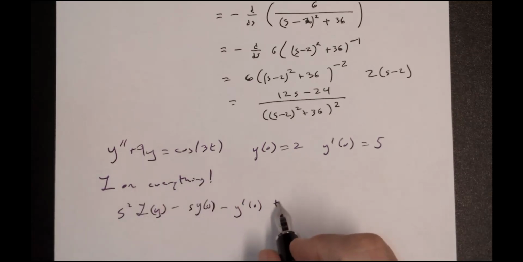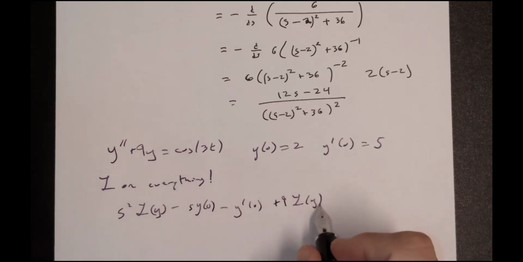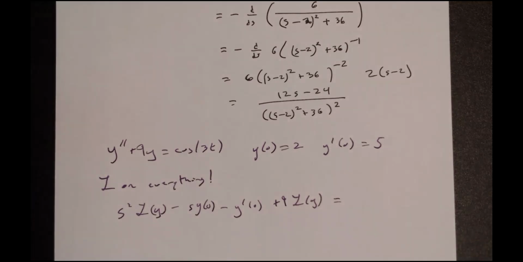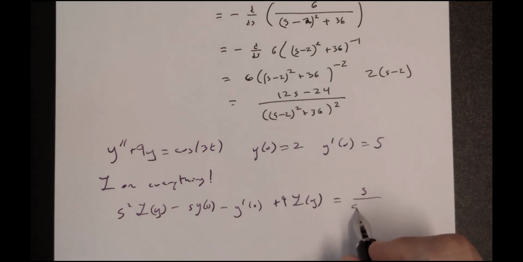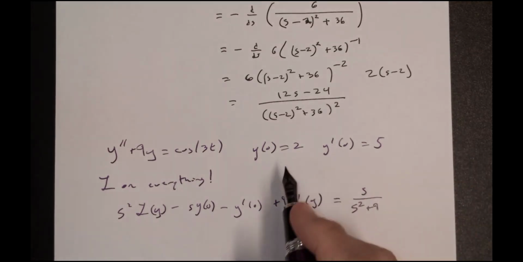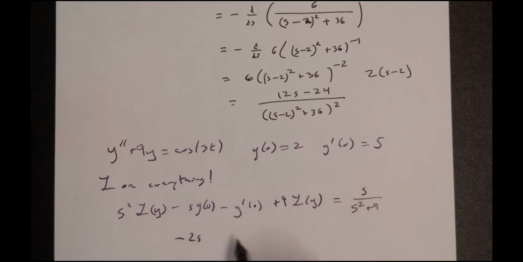And then I get 9 times the Laplace transform of y. And on the right, I get the Laplace transform of cosine of 3t. What's the Laplace transform of cosine of 3t? Now, y of 0 is 2. So this becomes 2s. y prime of 0 is 5.